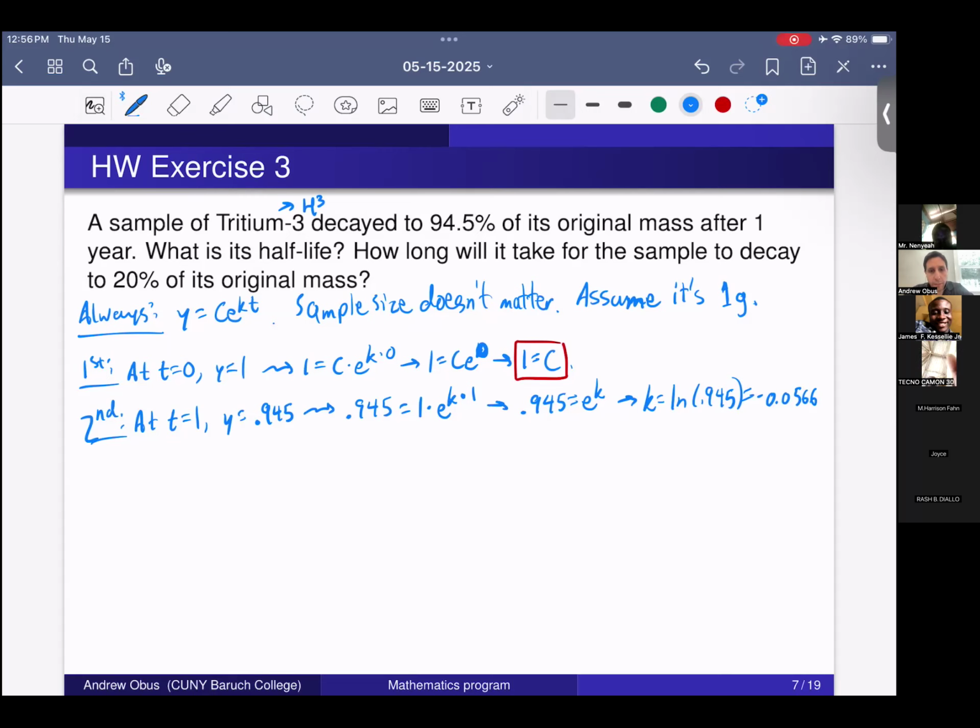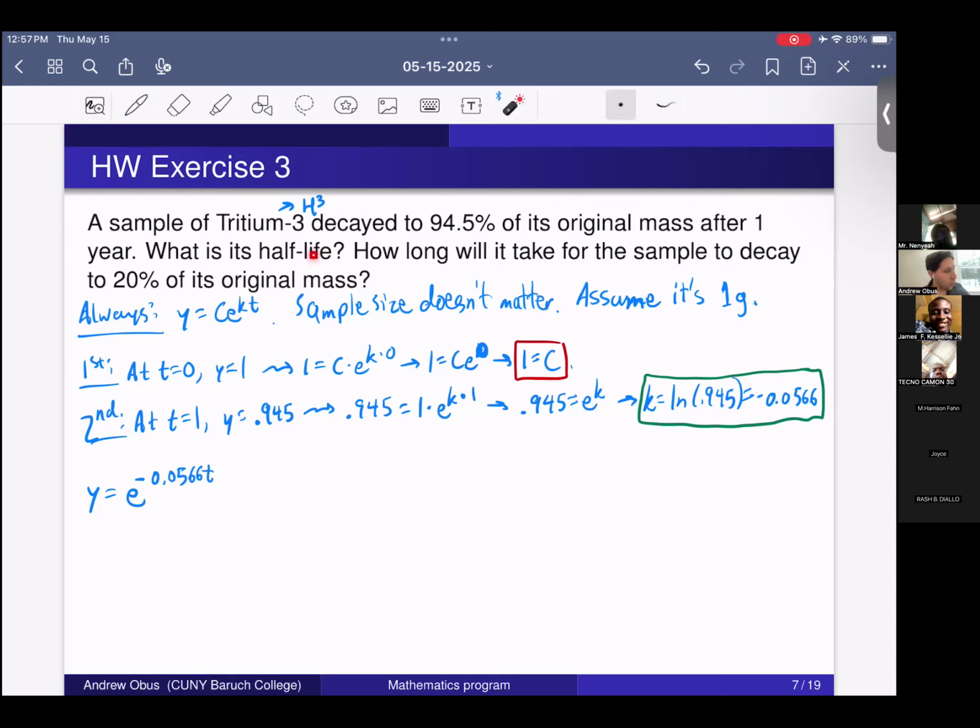So this is our k, negative 0.0566. Now we know what our equation is: y equals, well, c is just 1, so it's just e to the negative 0.0566 t.